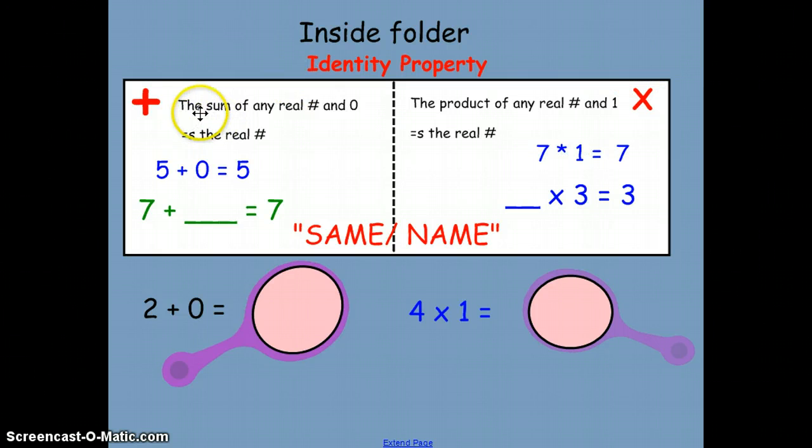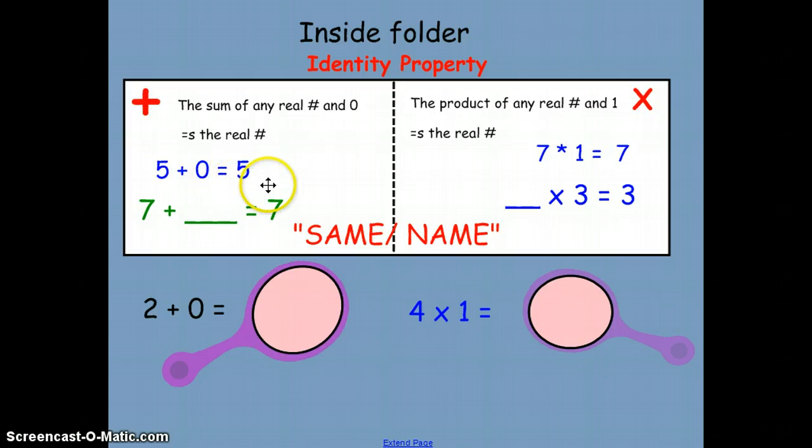And our definition for the identity property is basically, we think of identity. How are you identified? Well, you're identified by your name. That's how numbers are identified. So the sum of any real number and 0 equals the real number. Hope you don't mind Mrs. Jordan doing her abbreviations or texting symbols.